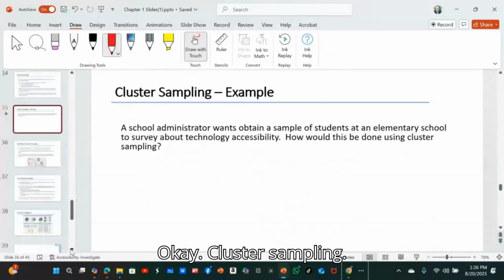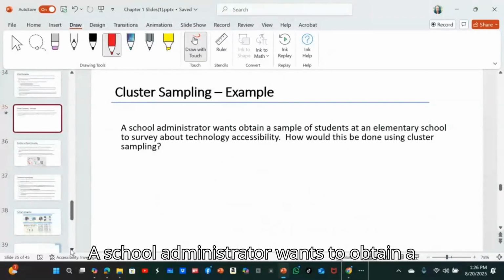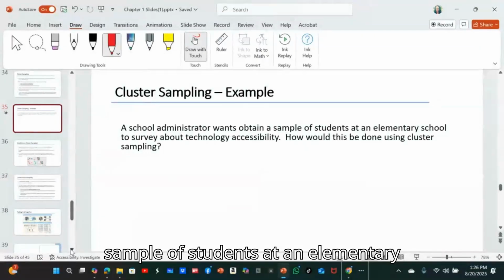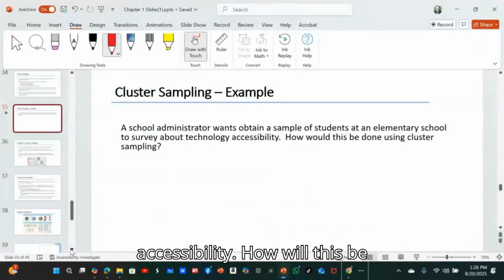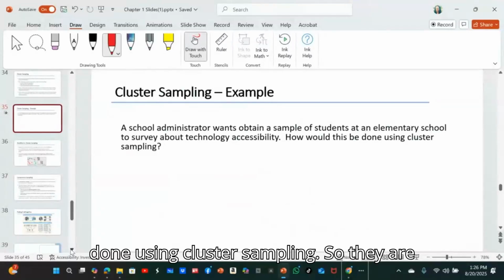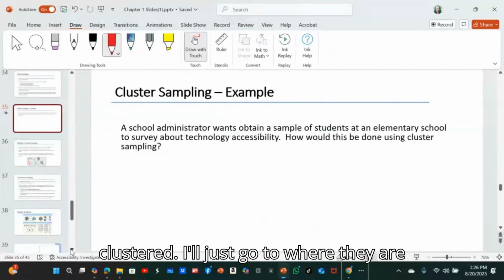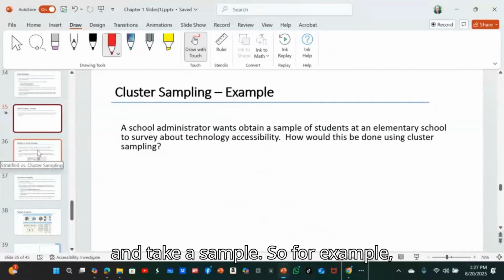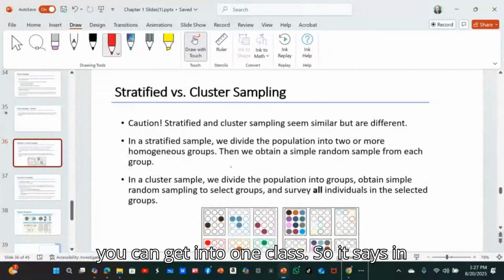Okay, cluster sampling. A school administrator wants to obtain a sample of students at an elementary school to survey about technology accessibility. How will this be done using cluster sampling? So they are clustered. I'll just go to where they are and take a sample. So for example, you can get into one class.